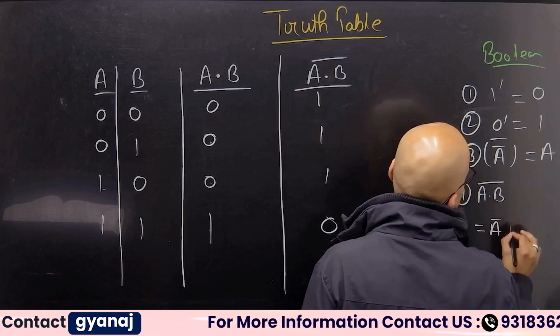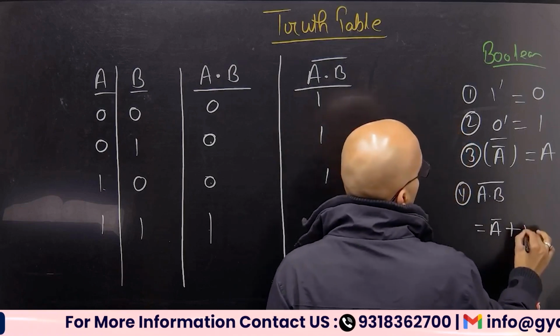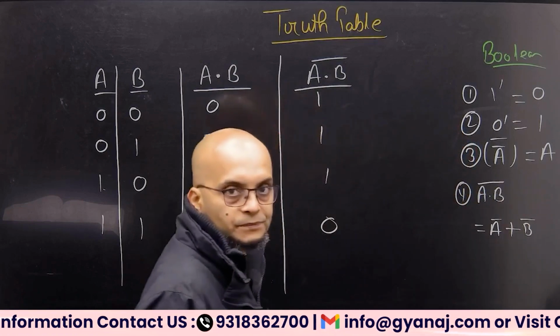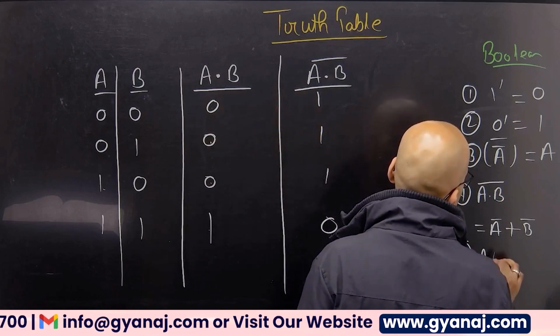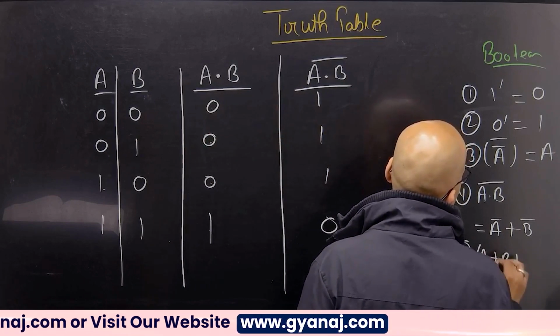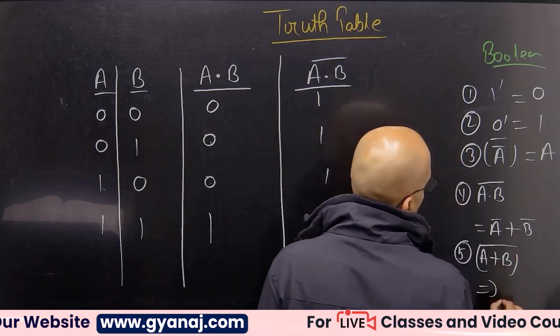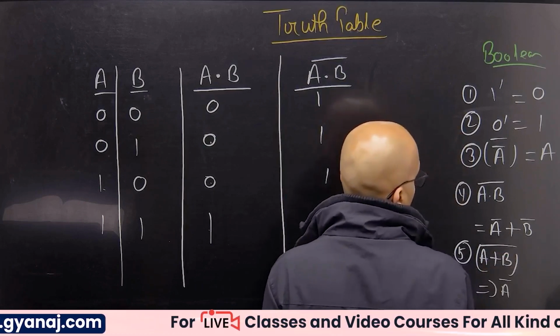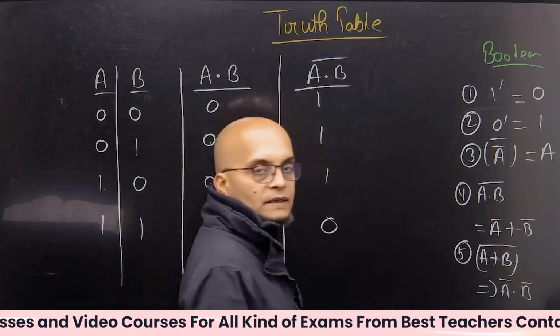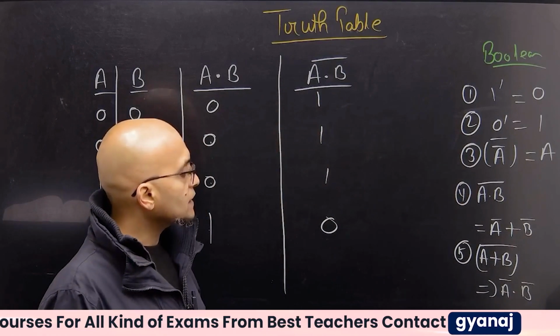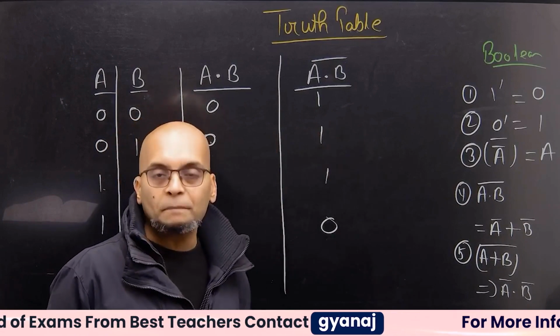So dot becomes plus, that is plus B complement. Similarly, if you do A or B whole complement, it will distribute itself, giving A complement dot B complement. Clear? These are the basic Boolean operations.